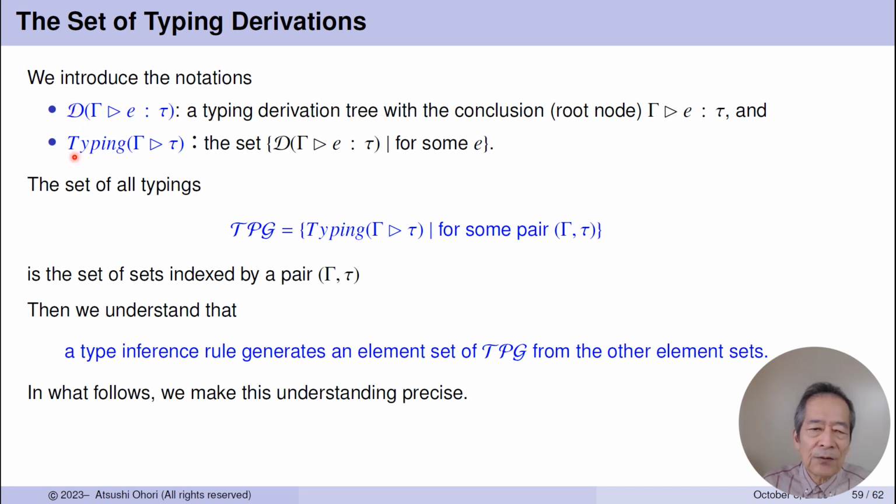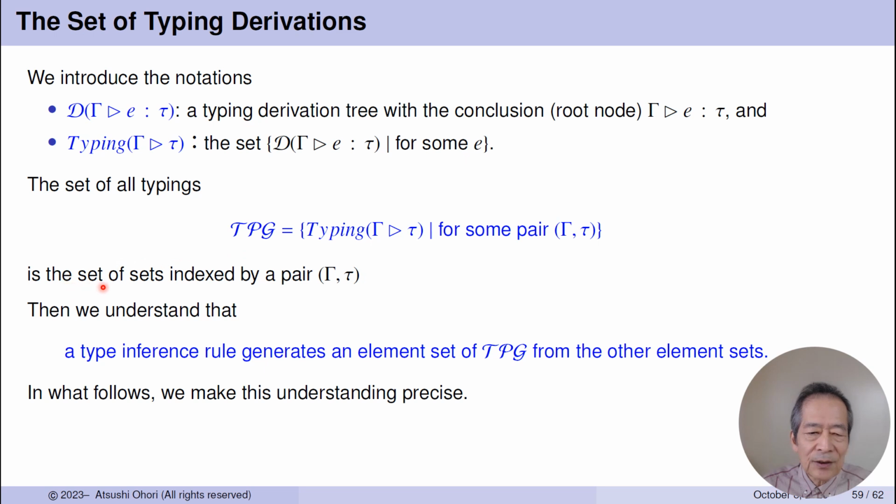And then we define this notation, Typing(gamma, tau). This is the set of all typing derivation trees under gamma yielding tau for some term e. Then we define the set of all typings to be the set of all these elements. This is itself a set, right?